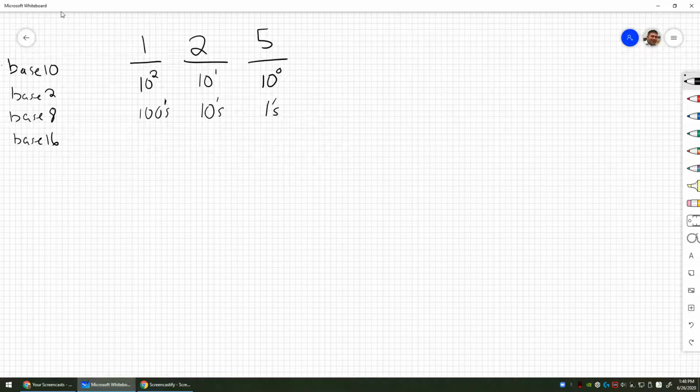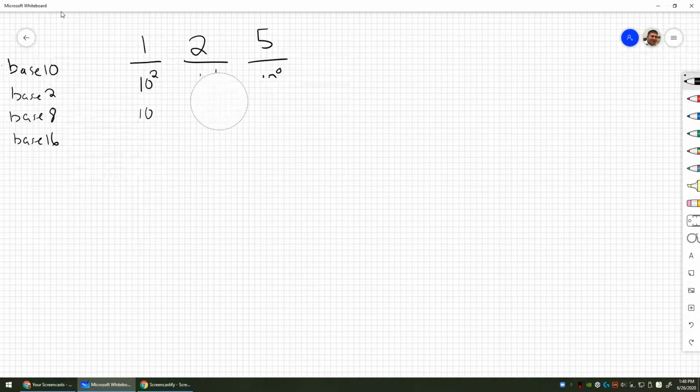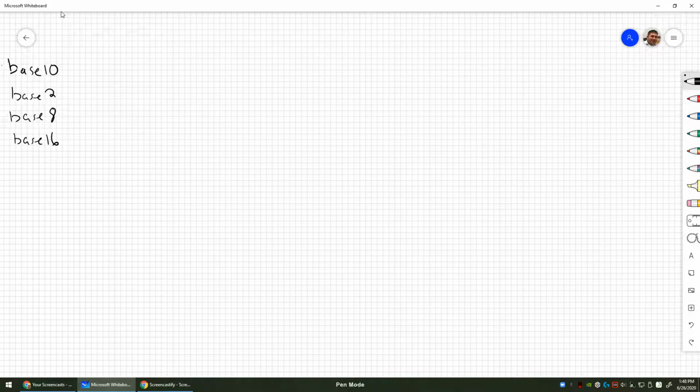What I want to show you is how that connects with the other bases, this same method of place value. So I'm going to erase this, and we're going to look at a binary number the exact same way. Let's look at 1101.